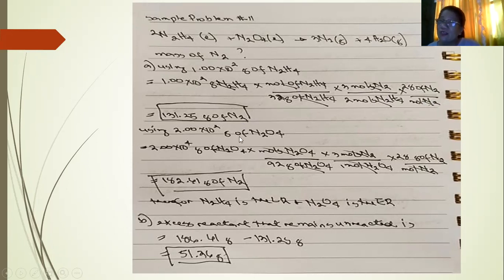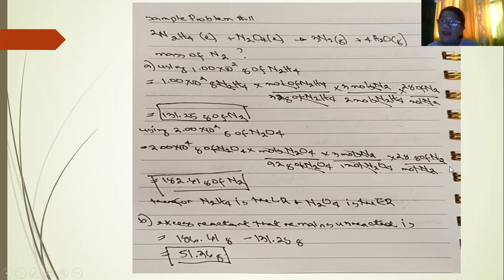Next is using the other reactant, which is the dinitrogen tetraoxide. Okay, that is 2 times 10 to the power 2 grams times moles of dinitrogen tetraoxide over 92. Then use now the mole ratio. That is 3 moles of nitrogen and 1 mole of dinitrogen tetraoxide.